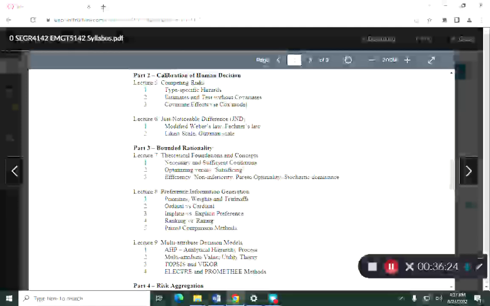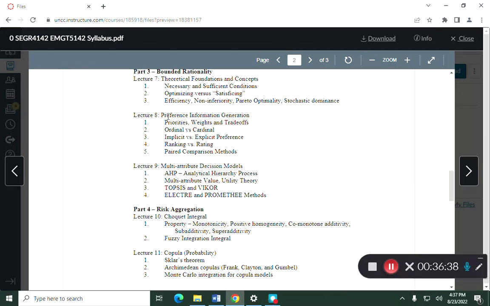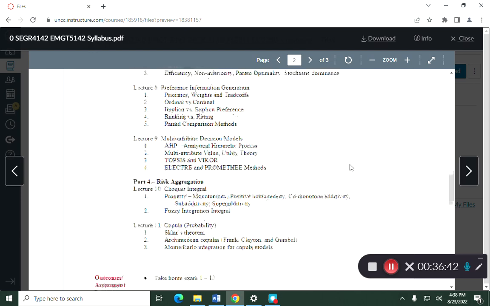Basically, how to keep your profile low or make your profile high, what is just noticeable. And I will talk about some of the optimization approaches after I cover all those things.